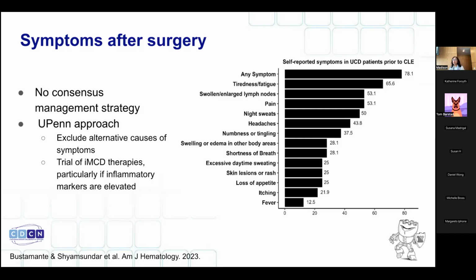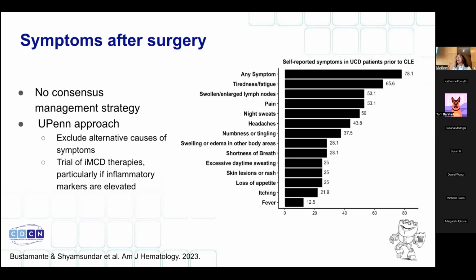So our approach is to first rule out alternative causes of the symptoms. Make sure that there's not an infection. Make sure that there's not some other process going on. Make sure that there isn't an autoimmune disease. And then if the symptoms are still there and we haven't found another cause, then we need to go to IMCD type therapies.